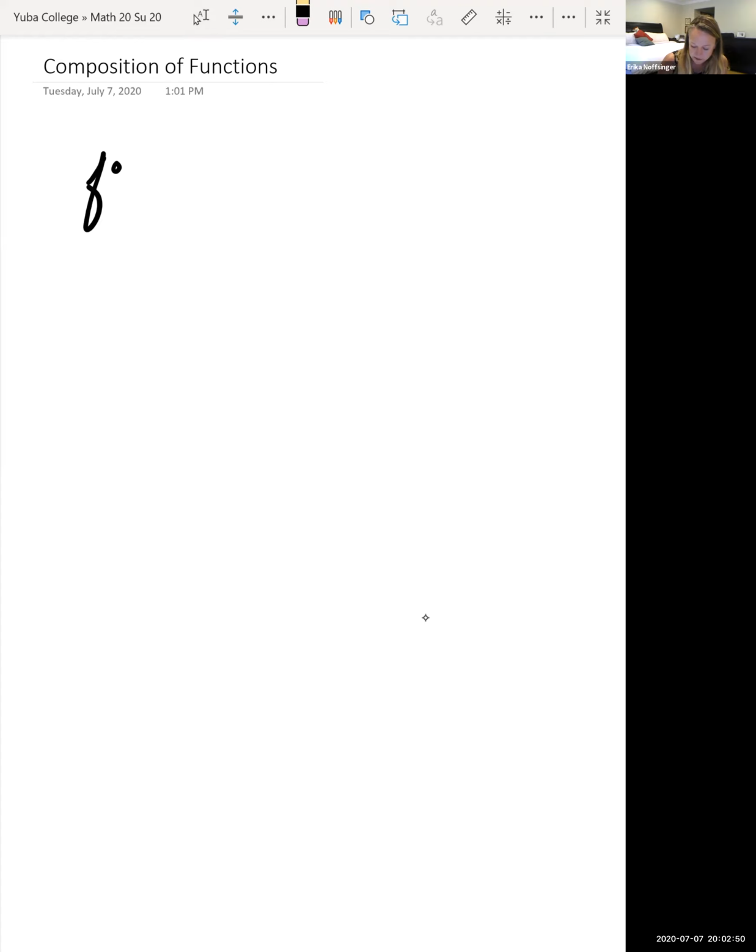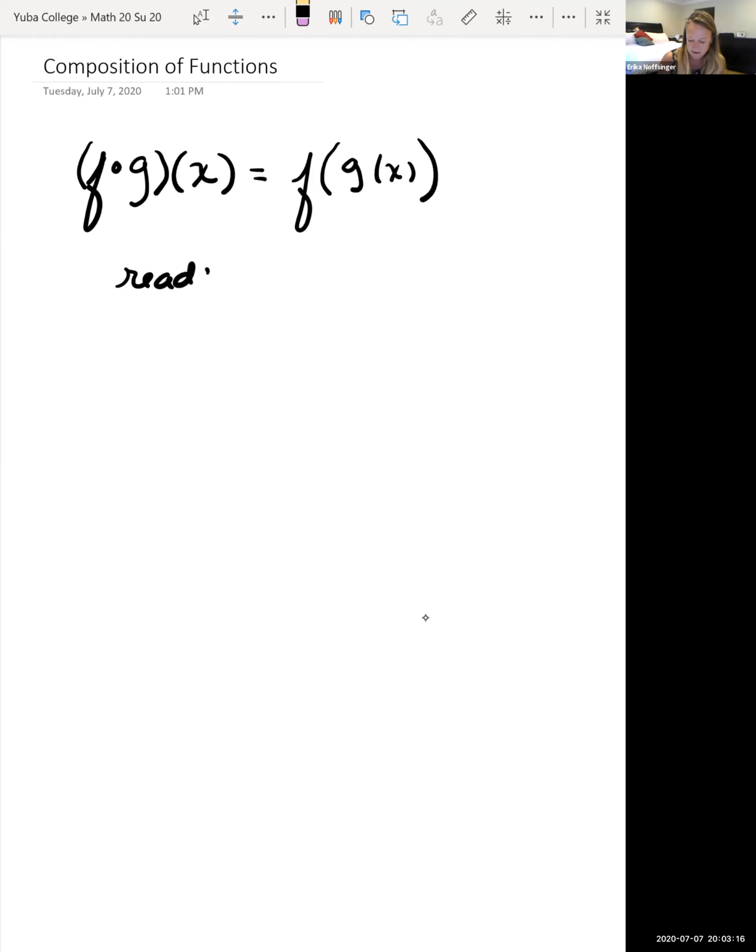F little circle G, and then parentheses around that whole thing, and then parentheses with X. Another way to write it, which to me makes more sense of what you're doing, is F parentheses G parentheses X. We read this as F of G of X. What we're doing is basically taking our equation g of x, and wherever we see an x in f of x, we're replacing it with that.